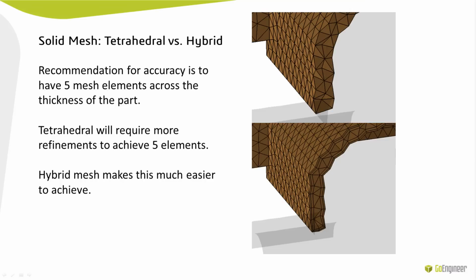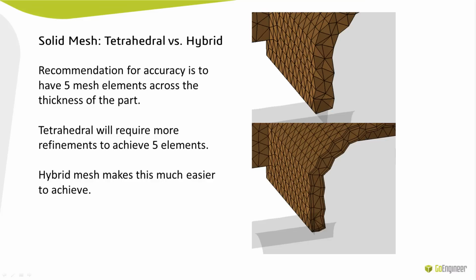If you look at the little triangles, those are your mesh elements. To get 5 mesh elements across this thickness, our top picture looks like it has maybe 2 or 3 across the thickness. So it's going to require more elements, which requires a finer mesh, and then you get more elements in your model, and it takes a whole lot longer to process.